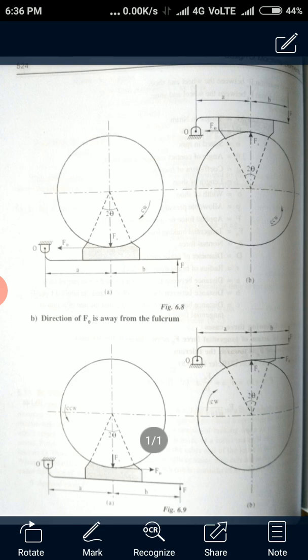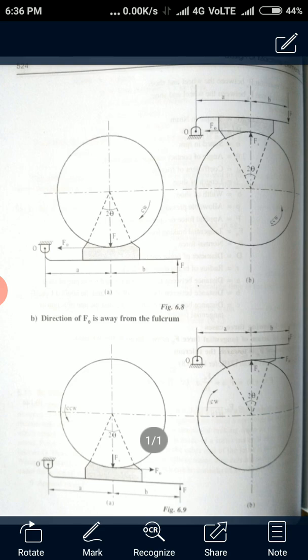In figure A the drum is rotating counterclockwise, and F theta is moving away from the fulcrum. In figure B the drum is rotating clockwise, but the block is at the upper side, and F theta is moving away from the fulcrum.